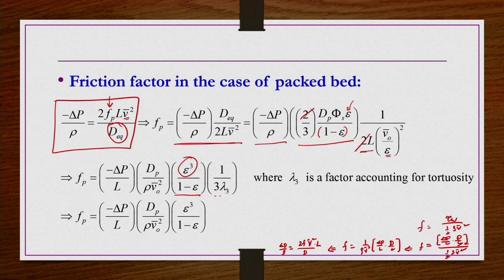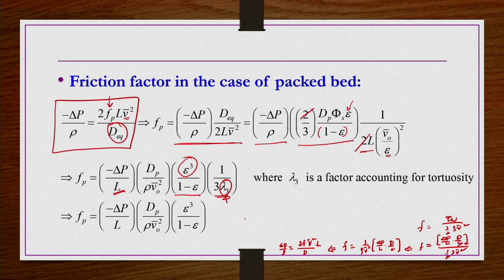And then this 1 by 3 is as it is, but there is a tortuosity factor. So, let us consider one factor lambda 3 in order to bring in the tortuosity factor, because this L is the packing length, the height of the packing, but the fluid element is travelling more than the packing length because of the tortuous path. Already we have taken lambda 1 and lambda 2 in the previous derivation, so let us take lambda 3.